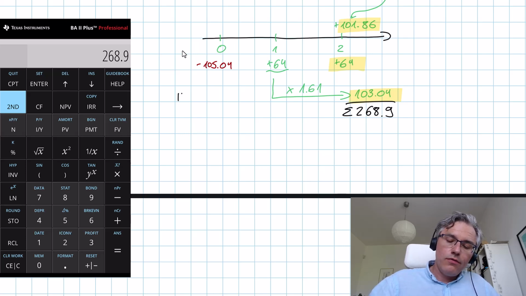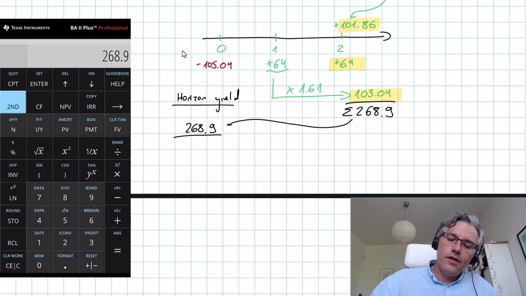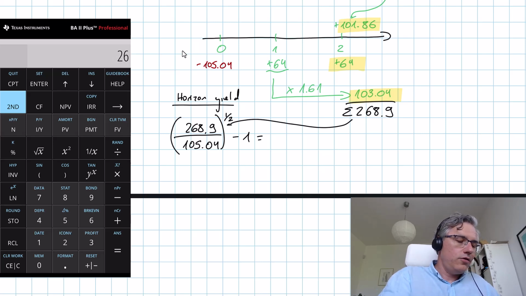Now, let's compute the horizon yield. 268.9 divided by the initial purchase price of 105.04 raised to the power of 1 over 2 minus 1. This should be ringing some bells, to be honest, if you paid attention and you did some computations along with me.